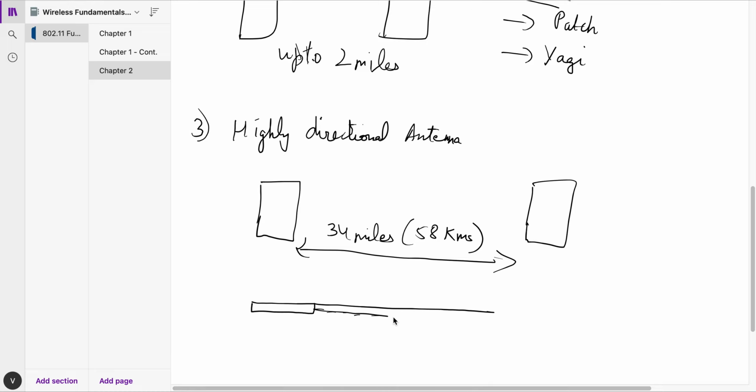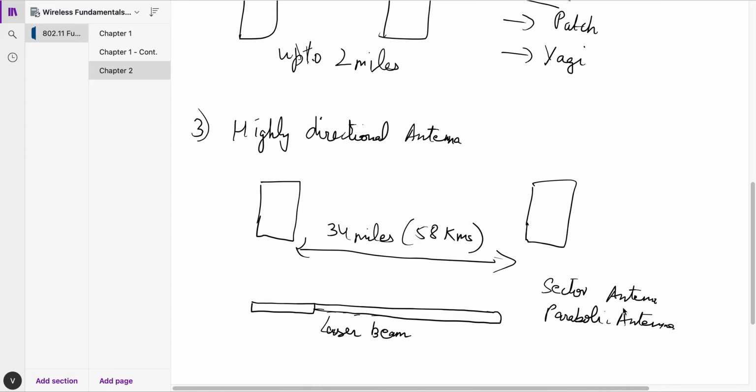You must have played with laser beams when you were a kid. So it is used to focus the energy in a particular direction at a longer distance. That is the example of a highly directional antenna. Examples of which are sector antennas or parabolic antennas, right?